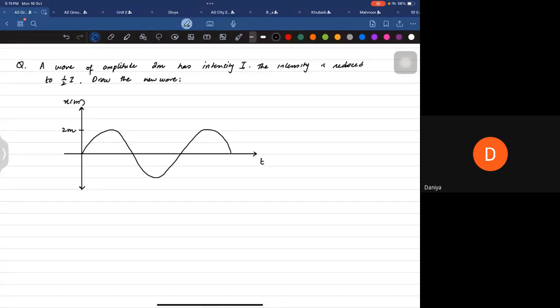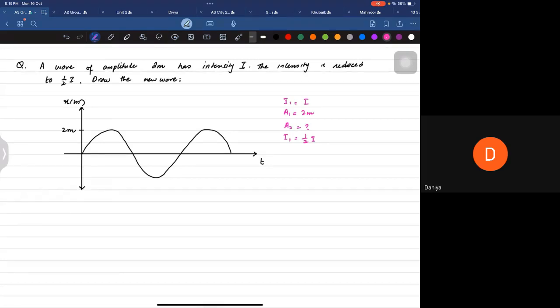Now what you're going to do is you guys need to draw the new wave. So we know that the first wave, I1, has an intensity of I, and the amplitude A1 is 2 meters. We do not know what would be the amplitude of the second wave, because the intensity is half I. Now I told you about the relationship.